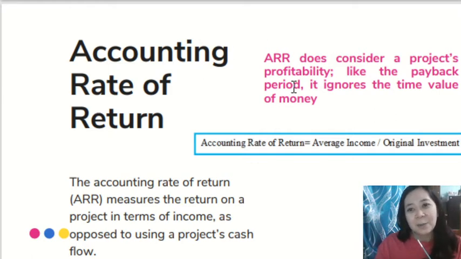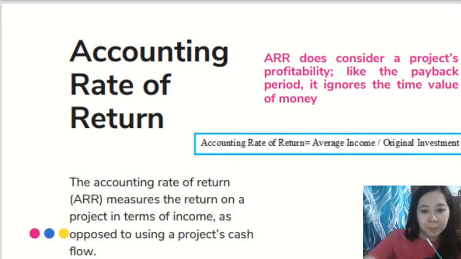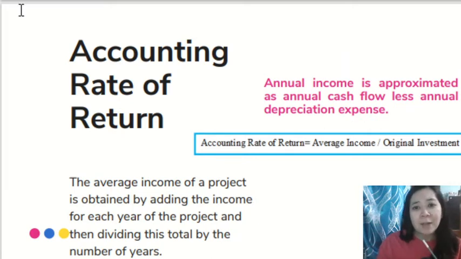ARR does not consider the project's profitability, like the payback period. And since this is also a non-discounting method, it also ignores the time value of money, just like your payback period.